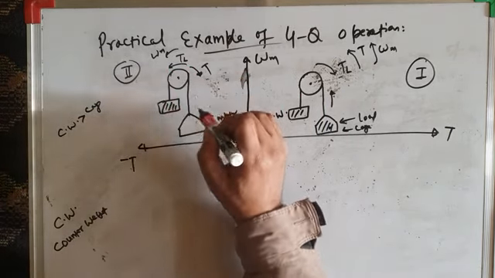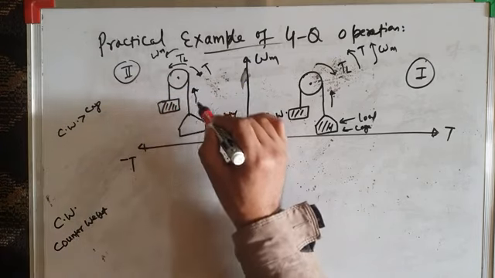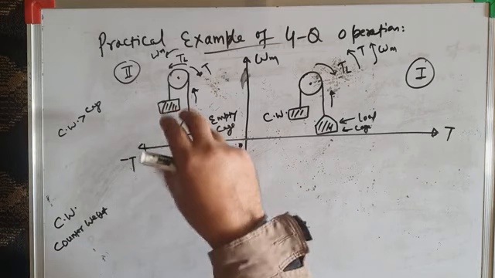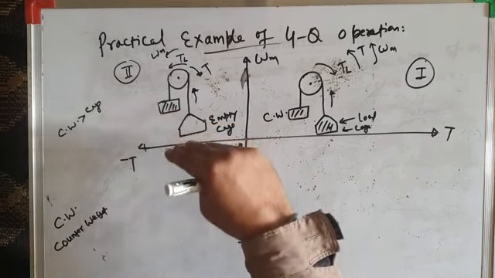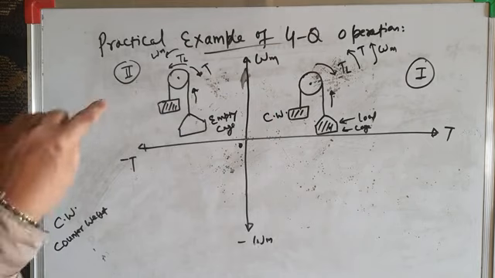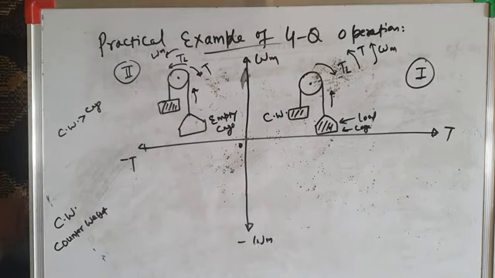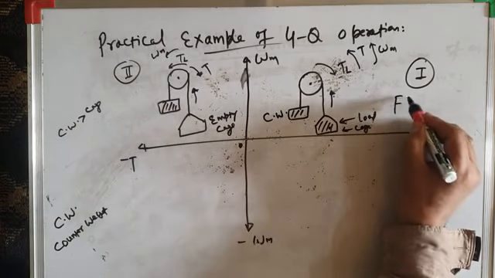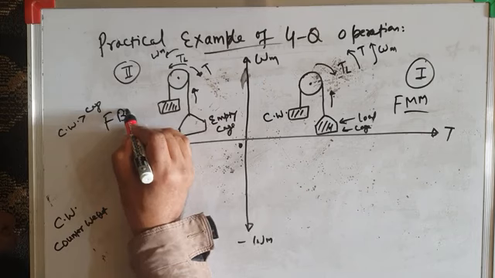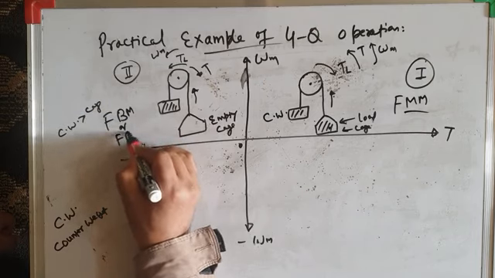No doubt the cage is moving up, but since this is the opposing torque, it opposes the motion and slows it down. So it is moving up slowly. This is how you can make it work in the second quadrant. In the second quadrant, this is the forward regeneration mode. This is forward motoring mode. This is forward braking mode, or forward regeneration mode.